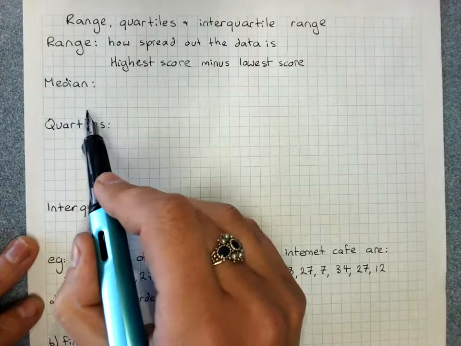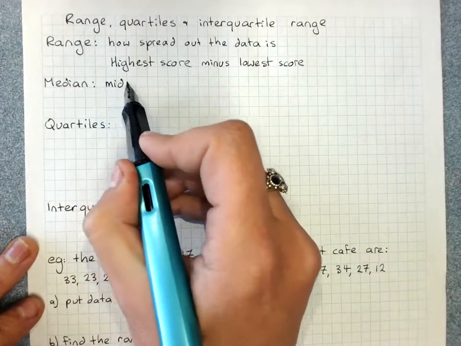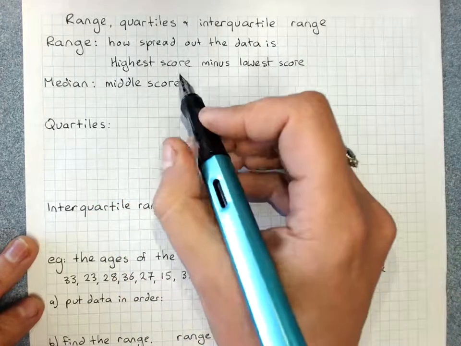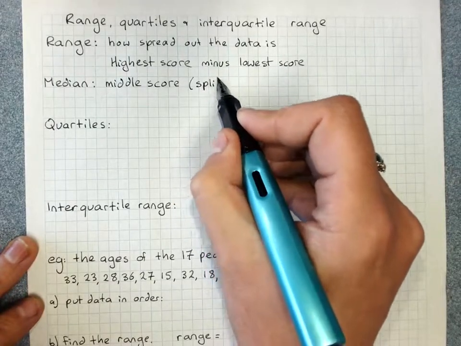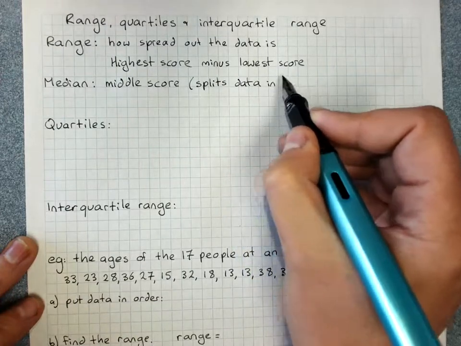Now the median we already know, it's the middle score. But something we haven't mentioned, which is pretty obvious once you say it, is that it splits the data into two groups, the top and the bottom half.